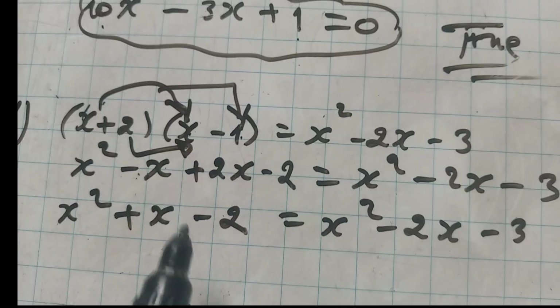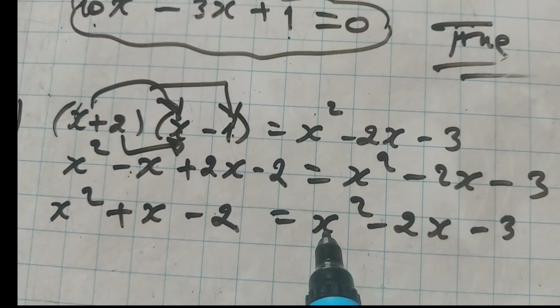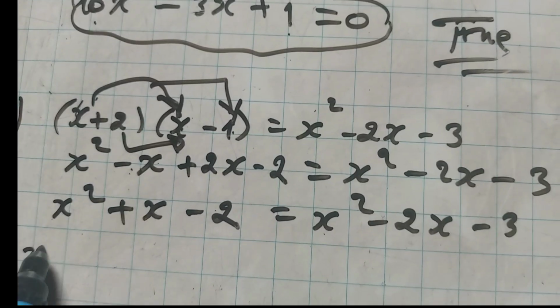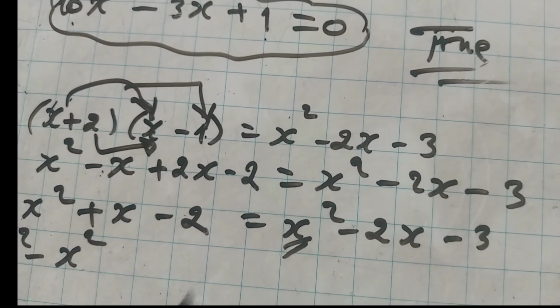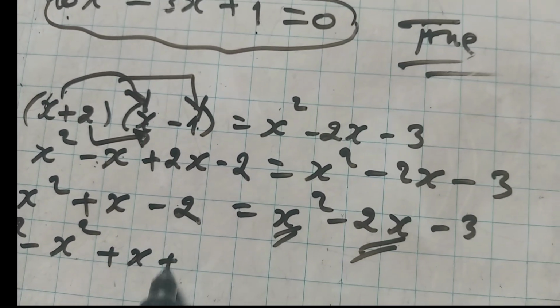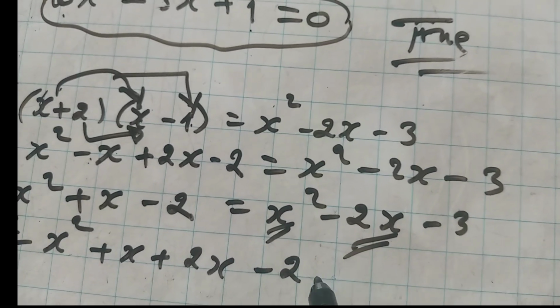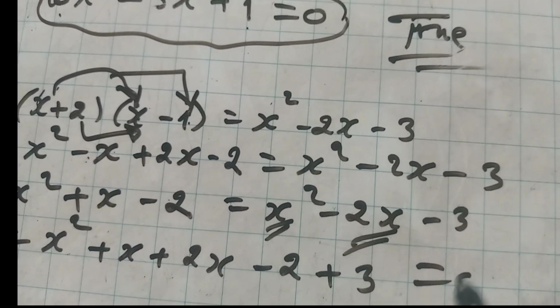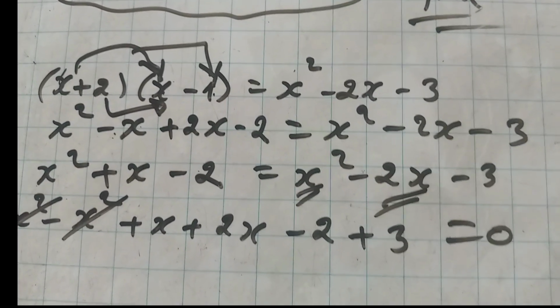Then I have to collect like terms, where this right side comes to the left to have x squared minus x squared, then plus x plus 2x, minus 2, then plus 3, which is equal to 0. So this one and this one are simplified, we have 0x squared.